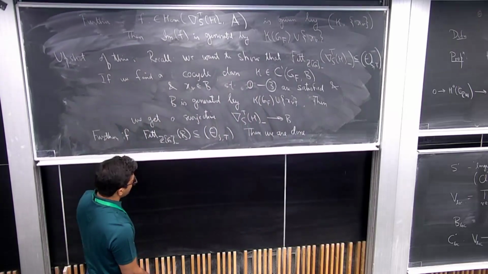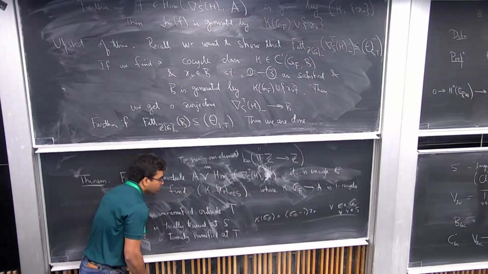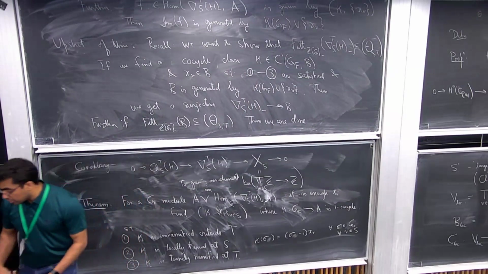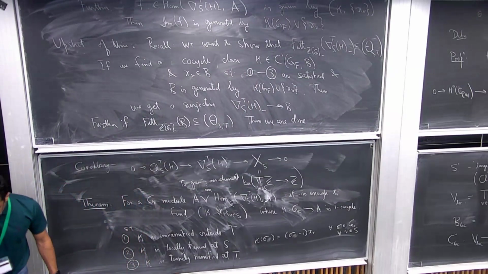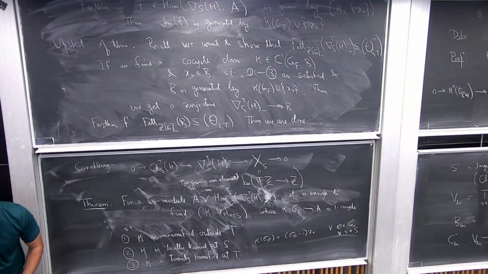We have reduced our work to finding a module like this with fitting ideal contained in theta. So we want a large enough module like this and construct a cohomology class, a co-cycle with values in that.